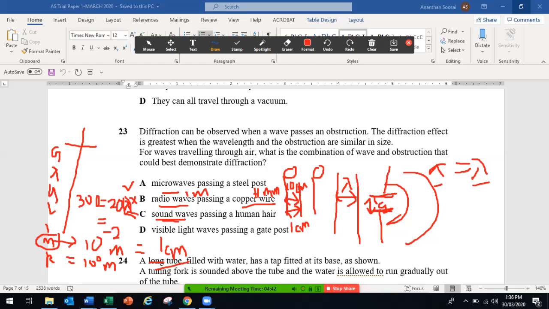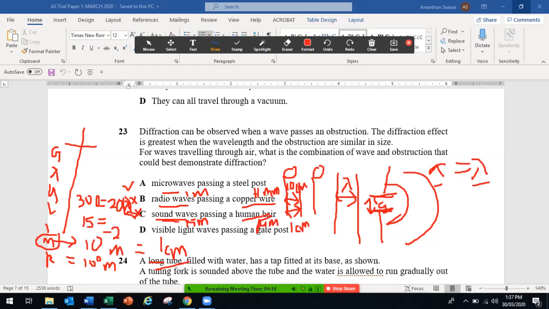About 15 meter. Sound wave wavelength is 15 meter. A human hair size is micrometer, right? This is even worse than B. So C cannot. Still A looks okay.